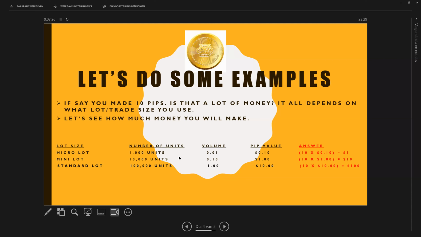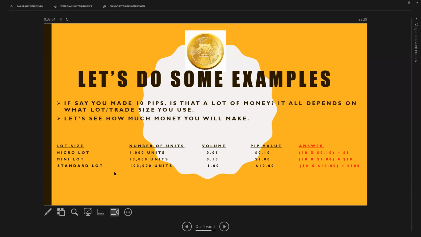So if we have 10 pips, how much money would we earn? We can do it like this: 10 pips by 10 cents, we have $1.